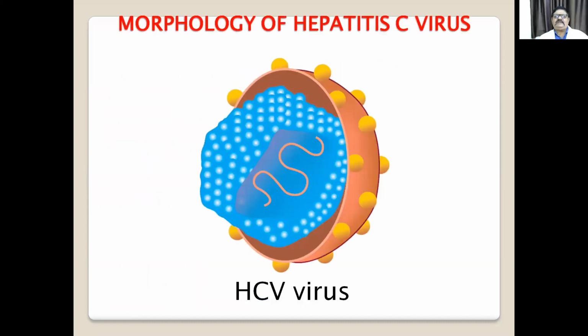So, morphology, it is like this. You can see the envelope and also the spike-like structures and the central RNA, because hepatitis B is the only DNA virus and the rest of all are RNA.